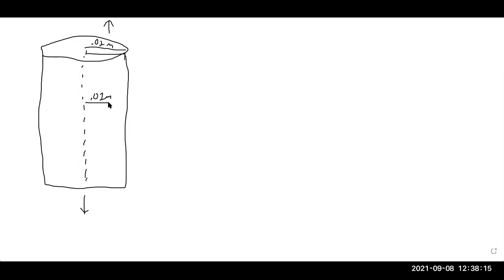So you can make a Gaussian cylinder with a 1 centimeter radius, and then plug it into Gauss's law.